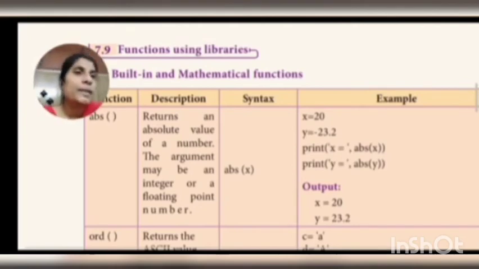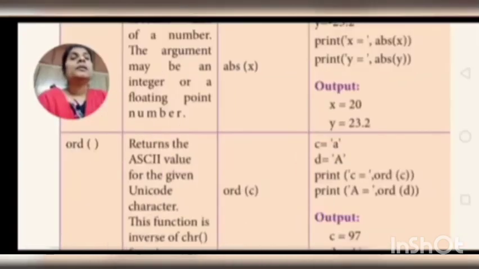The first time we pass the value 20, which is already a positive number, so it returns the same value. But the second time we pass the argument y with the value minus 23.2, which is a negative number. So this time it will return the absolute value 23.2, that is the positive form of minus 23.2.